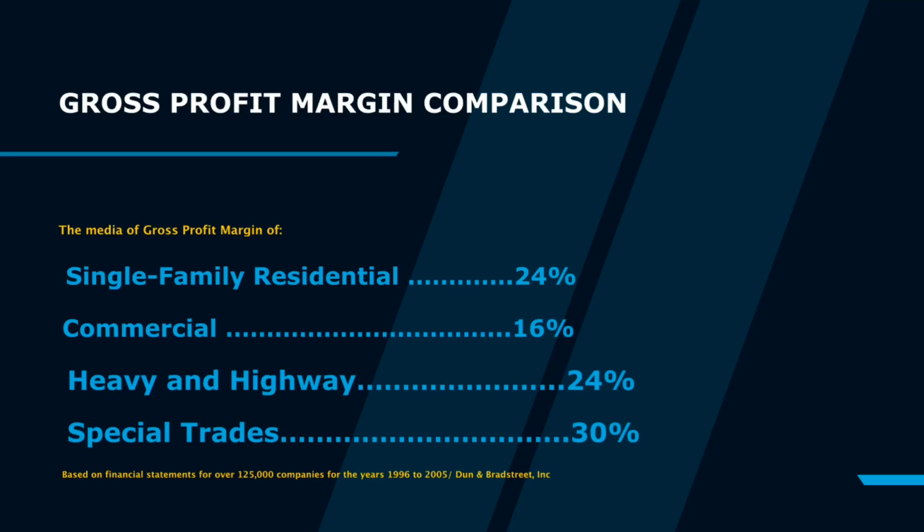Let's say that ABC Construction Services LLC is in the special trade sector, which according to the median of gross profit margin is 30%. Following the previous case, we see that ABC Construction Services had a 25% gross margin, which is less than the median. That means that the company needs to increase its profit and overhead markups or reduce its construction cost.